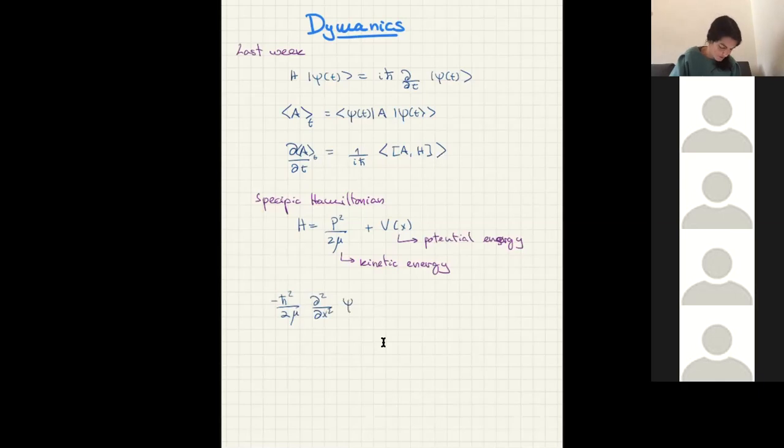So if we apply the Schrodinger equation to the wave function, we saw it was this plus V of x. This is a number again, multiplied by this number, equals h bar d/dt of the wave function.